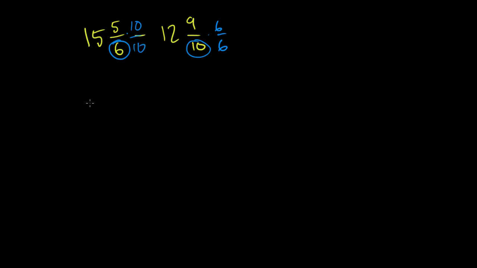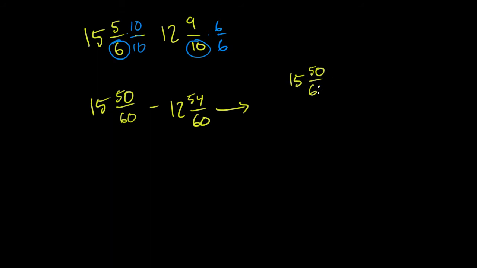So let's see, I'll end up with 15 and 50 60ths minus 12 and 9 times 6 is 54 60ths. All right, well, I have common denominators, so I'm going to line up my fractions. Remember, the first one always goes on top: 15 and 50 60ths minus 12 and 54 60ths.